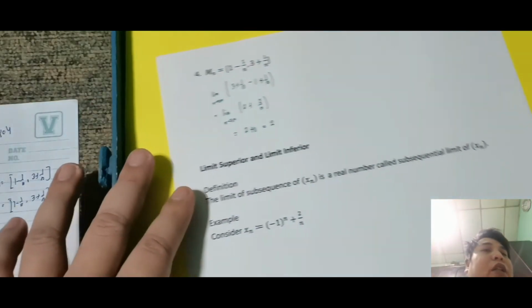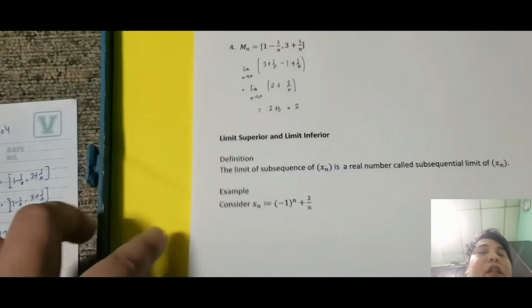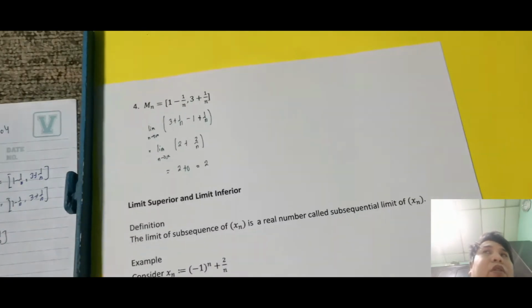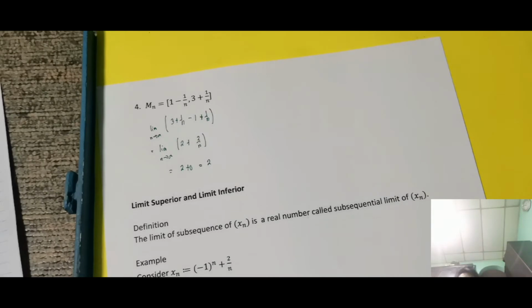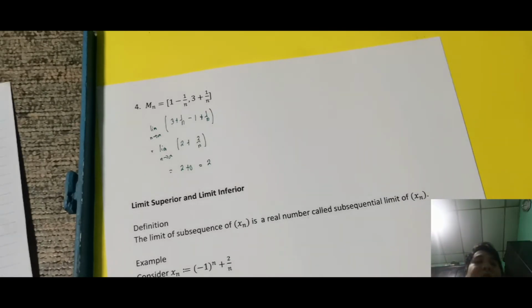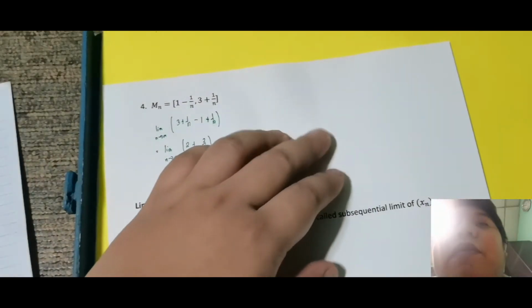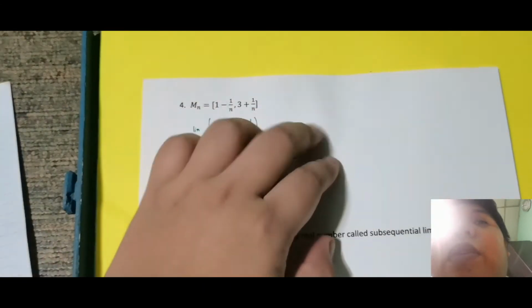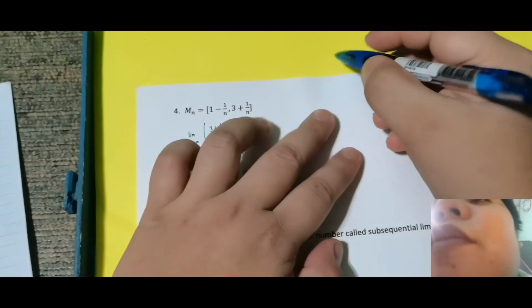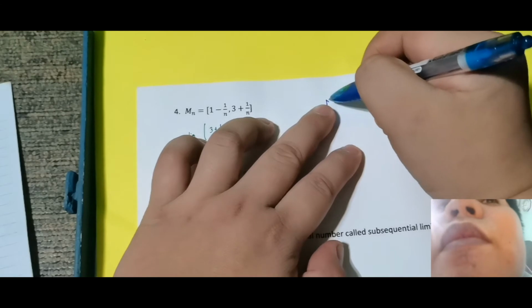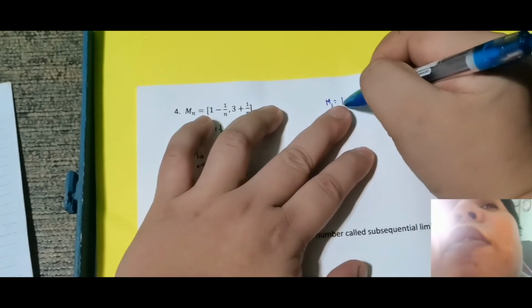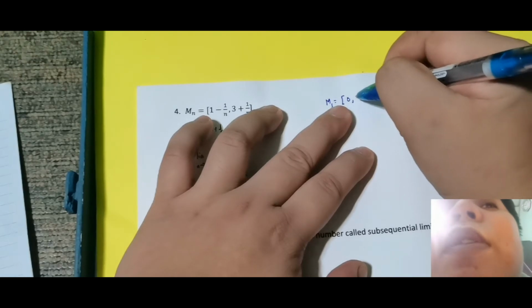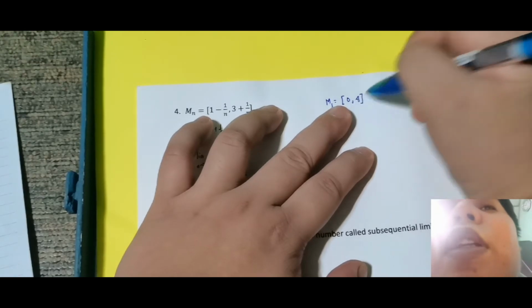Okay, so since it did not go to 0, what does that mean? The answer is not empty or a singleton. Probably an interval or something. So let's check our M sub n. What is M sub 1? For M sub 1, that is 1 minus 1, that is 0, and 3 plus 1, that is 4.